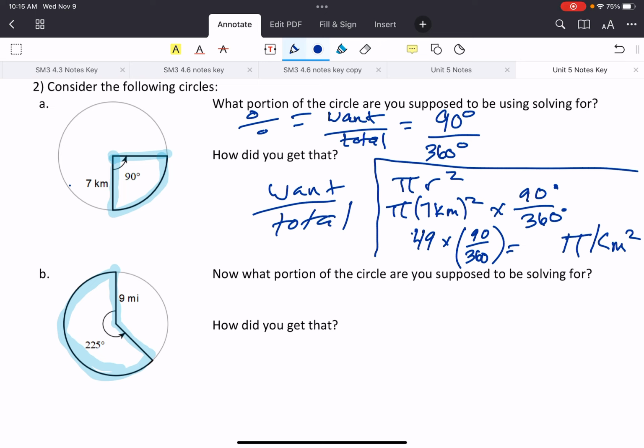Okay, and then put that into a fraction. The 12.25. If you can't remember how to put that in a fraction, you do math, enter, enter.